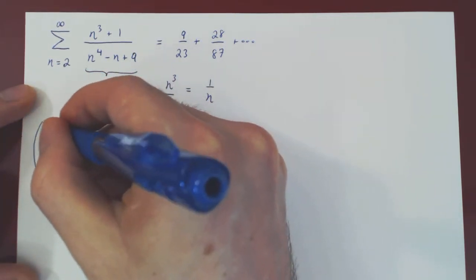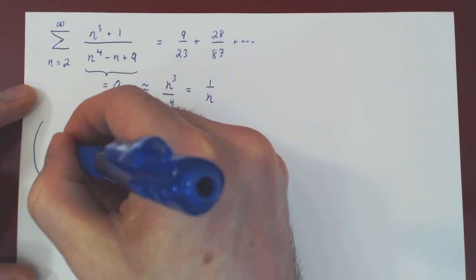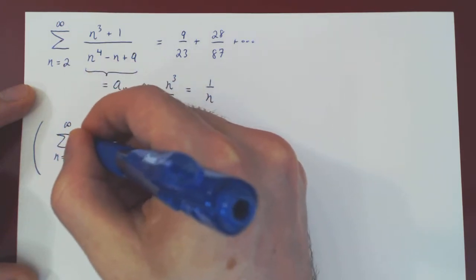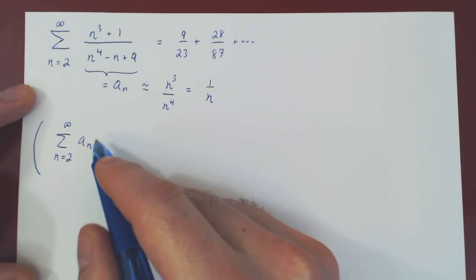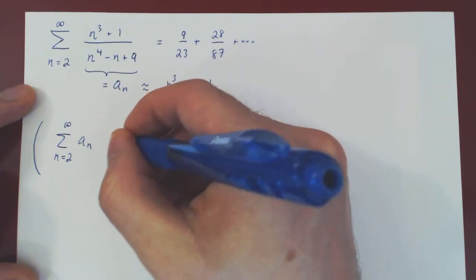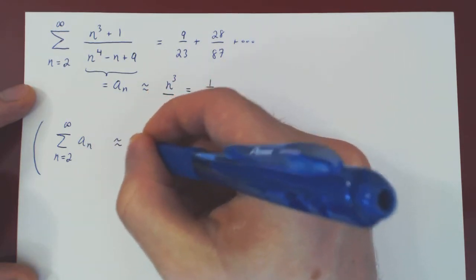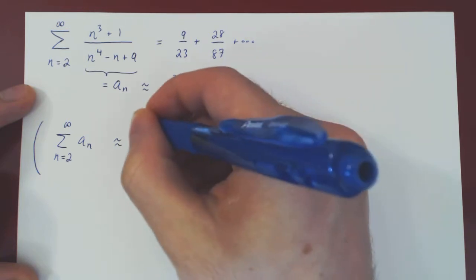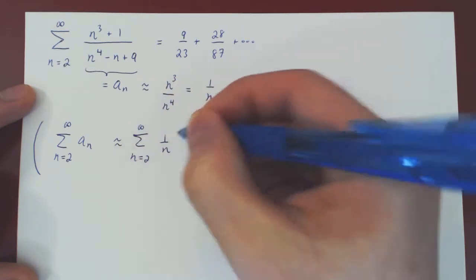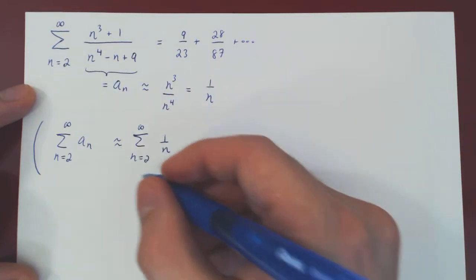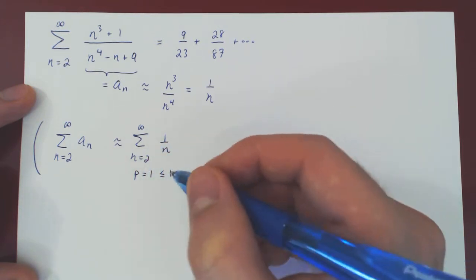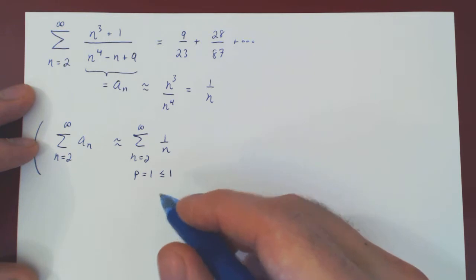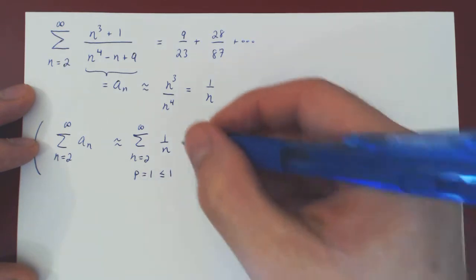So we have our original series, a_n, but we're saying when n is large, a_n is roughly 1 over n, so summing a_n should be approximately summing 1 over n, and as we've just said here, we have a p-series with p equals 1, which is less than or equal to 1. We only have convergence when p is strictly larger than 1.